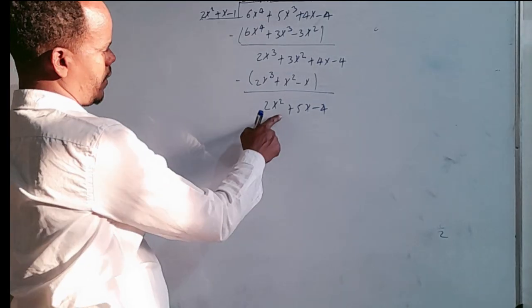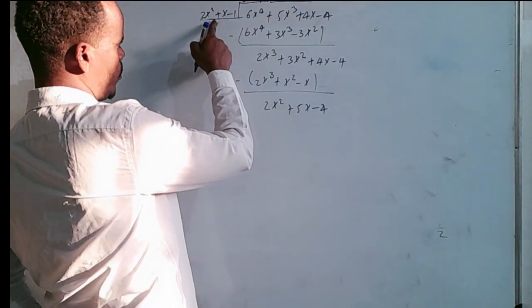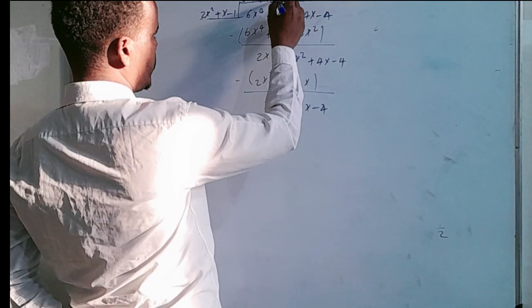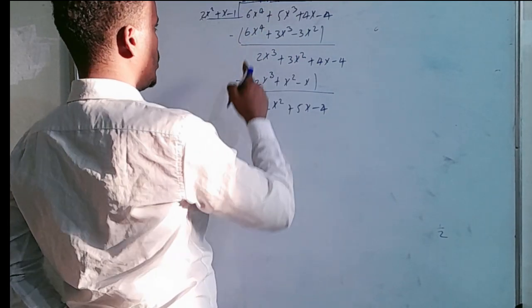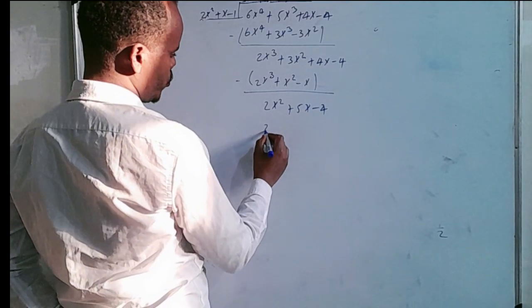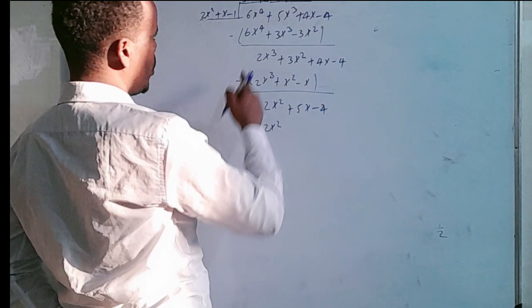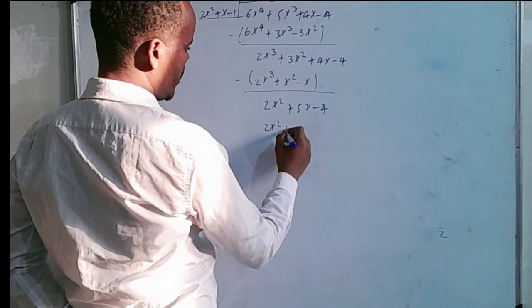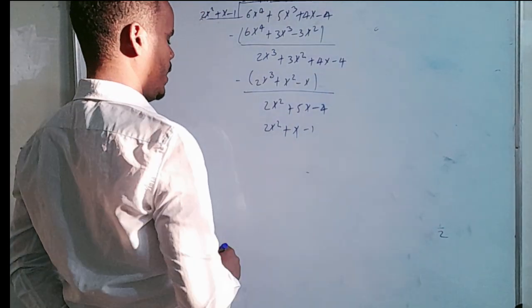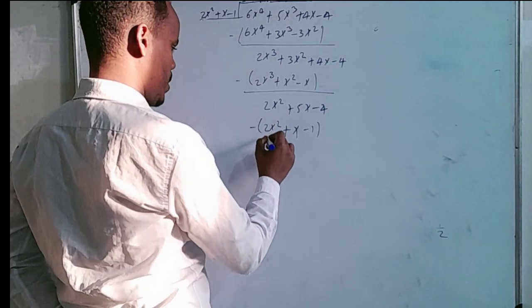And again divide by 2x squared plus x minus 1. The result is plus 2 times 2x squared, that is 2x squared, 1 times x is x, and 1 times minus 1 is minus 1. Then change the signs.